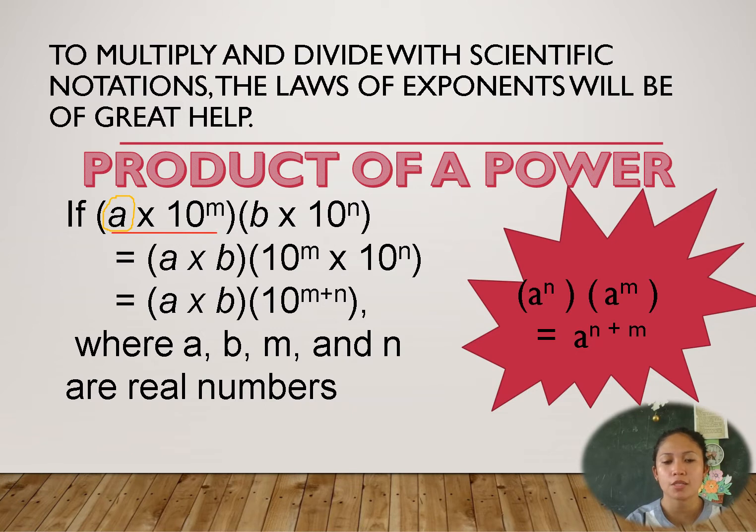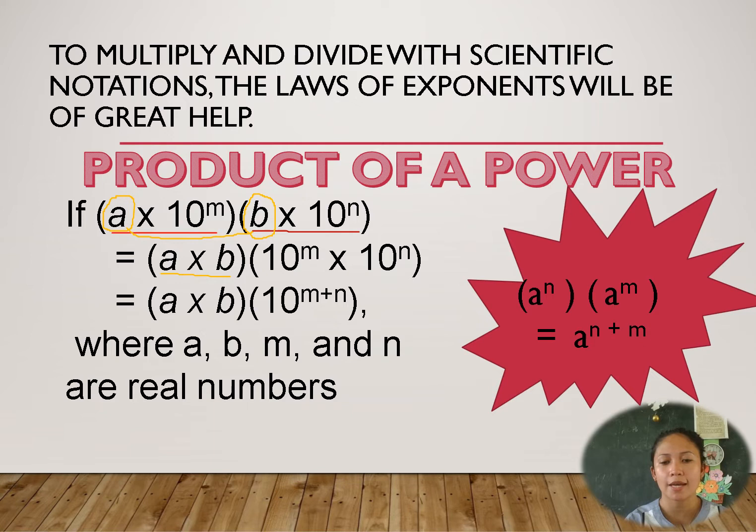And for the second scientific notation, b times 10 to the power of n, your first factor is b. What you are going to do is multiply the first factors. So that is a multiplied by b. So we have here a times b.